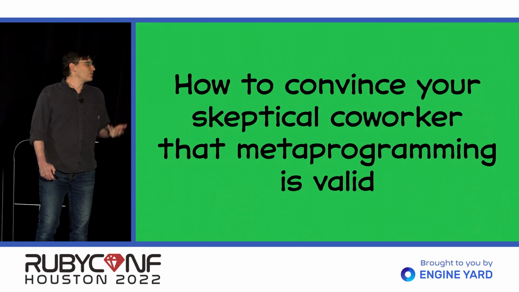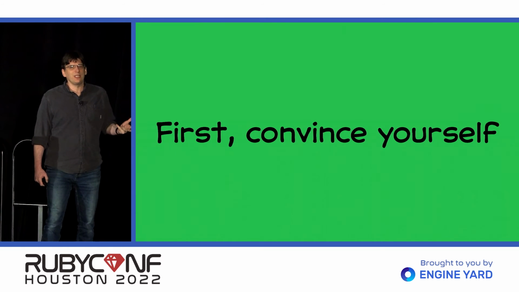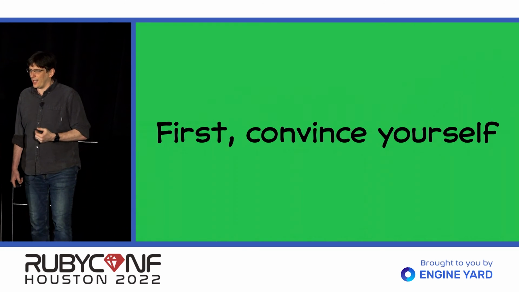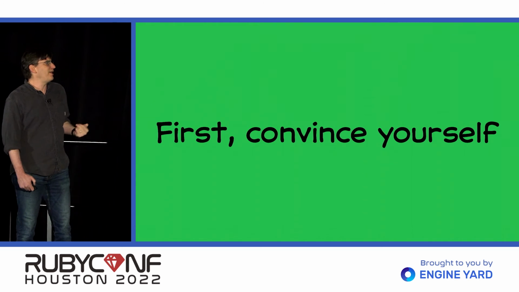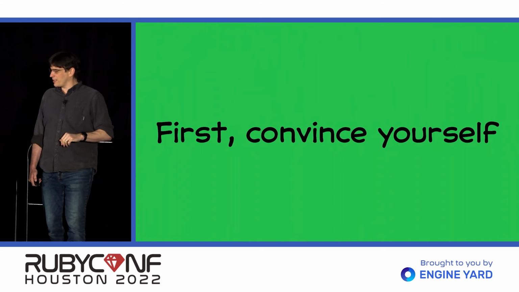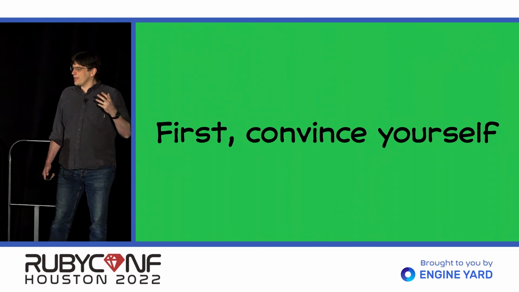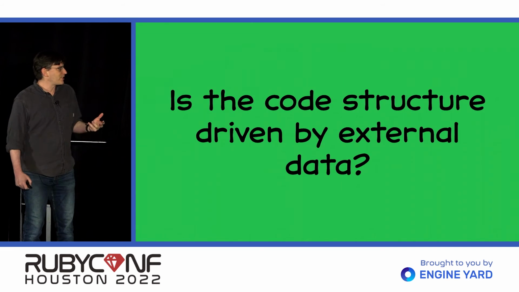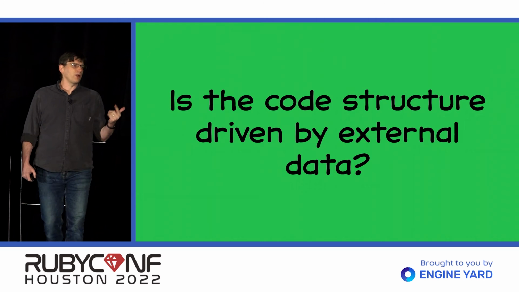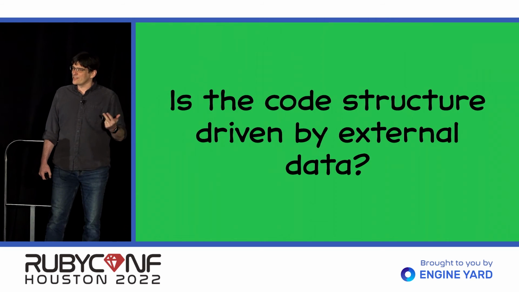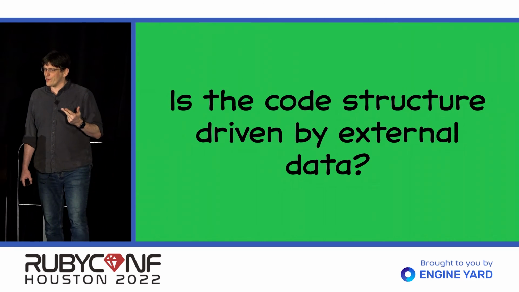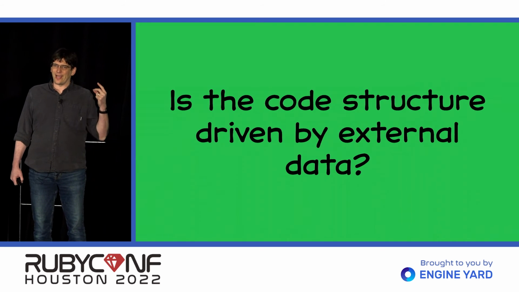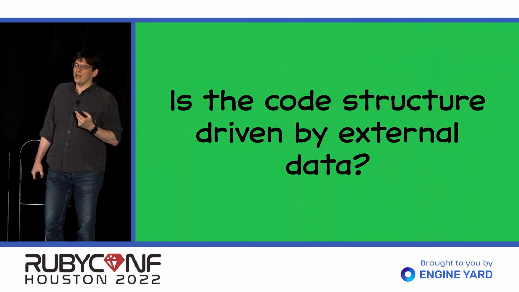And I think, understandably, the first thing that you need to do is really convince yourself that it's a good idea. In this particular kind of metaprogramming, we're talking about answering a few questions in advance, like, is the code structure driven by external data? That's true here. It's also true for things like ActiveRecord's metaprogramming to unify database columns and attributes.